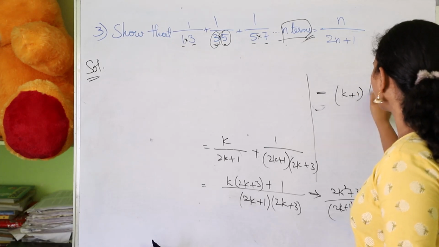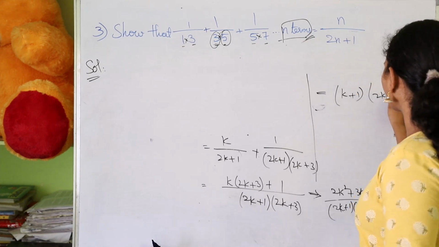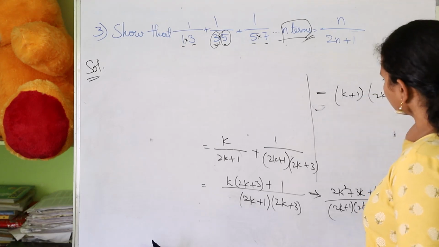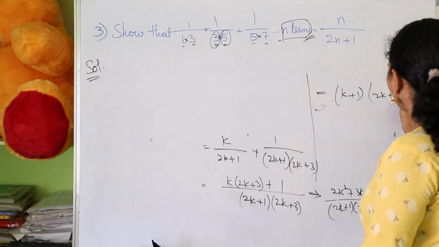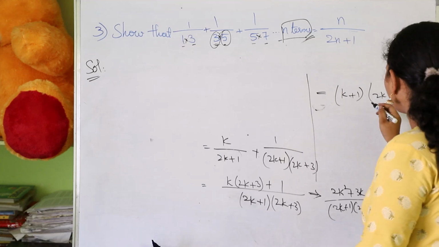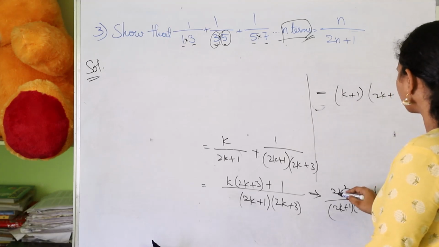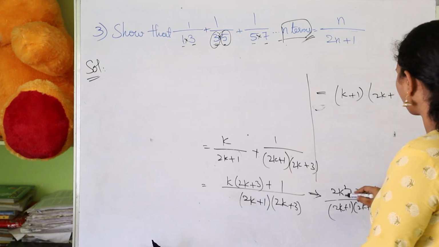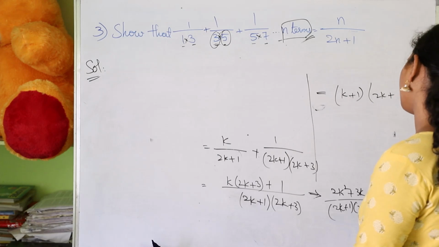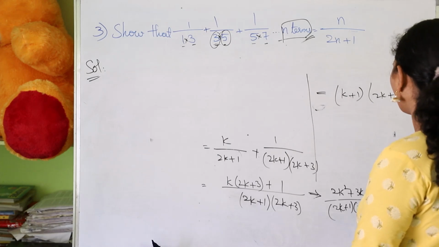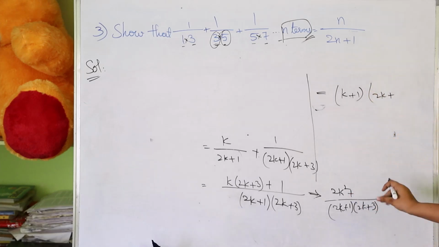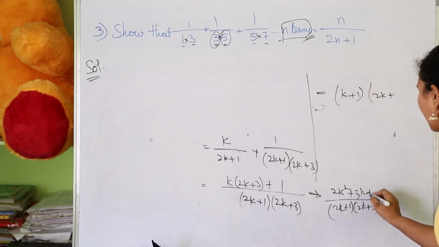k plus 1 into 2k plus 2. Wait a minute. Here we have k into k square, right? Okay guys, here you have 3k plus 1.